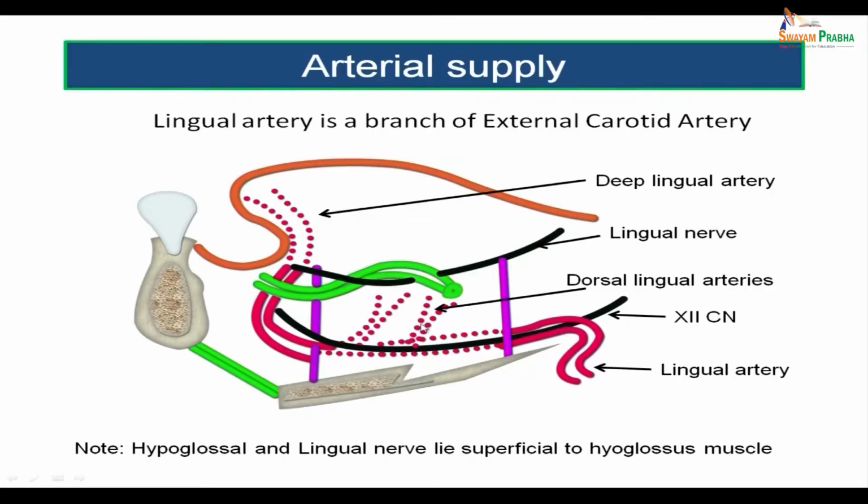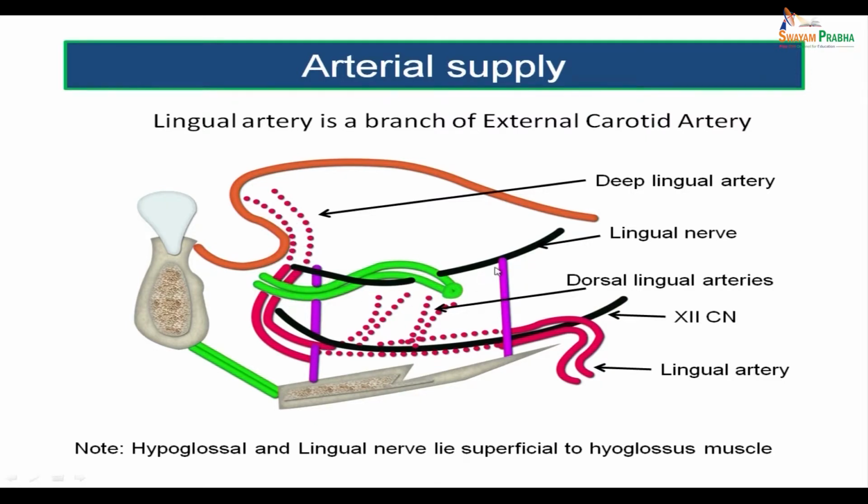As it runs deep to the hyoglossus muscle, it gives numerous branches which are called the dorsal lingual arteries, and finally continues as the deep lingual artery which reaches near the tip of the tongue. So this is the course of the lingual artery originating from the external carotid, passing under the hyoglossus, giving these dorsal lingual arteries, and finally terminating as the deep lingual artery.